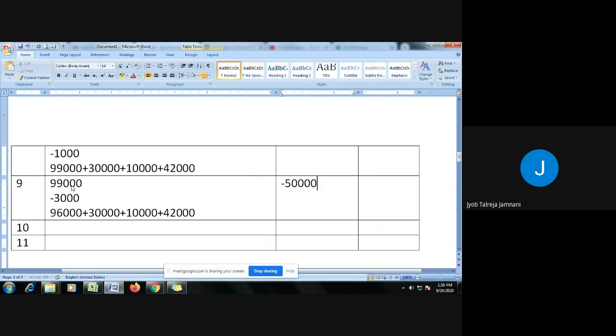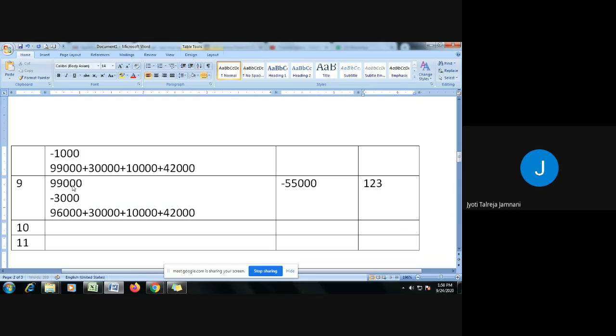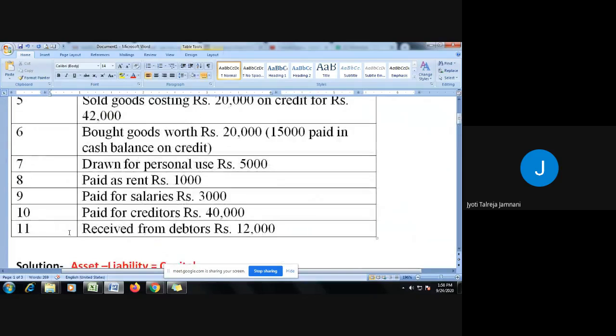From this I will minus 55,000 as liability. So you get a total of 1,23,000 because you have salary. So 3,000 salary paid is same like rent paid.